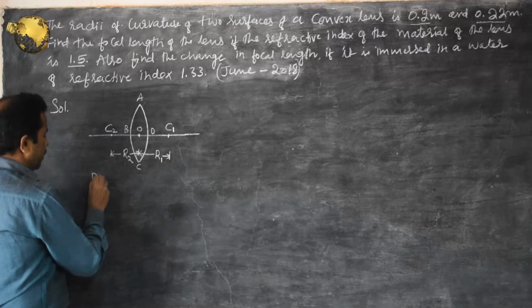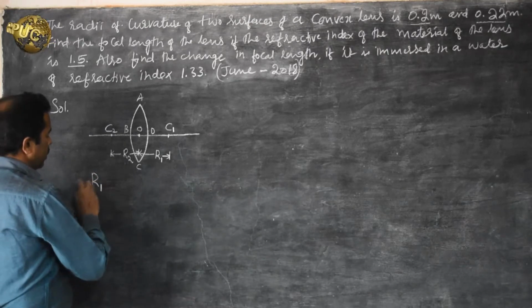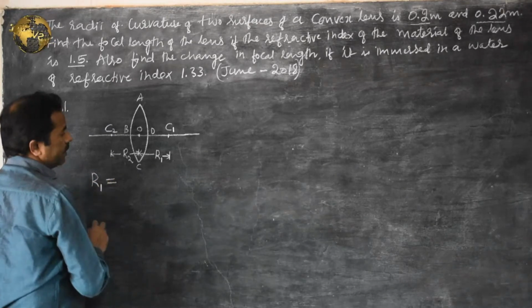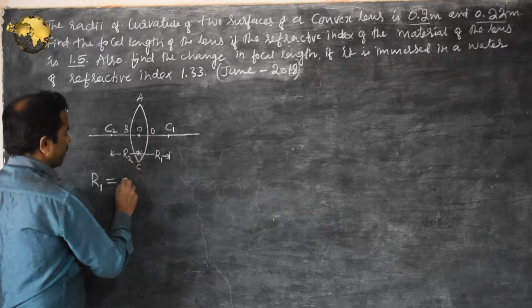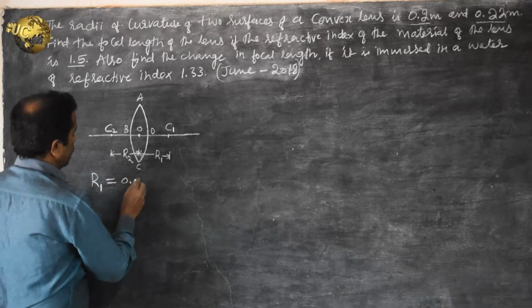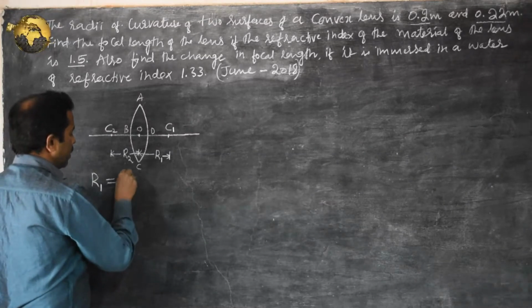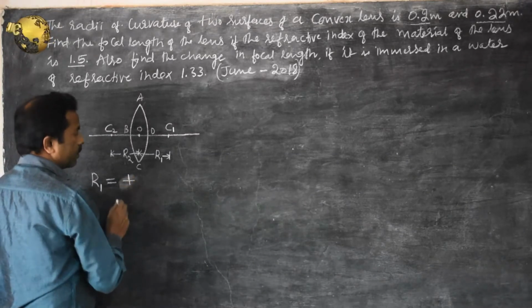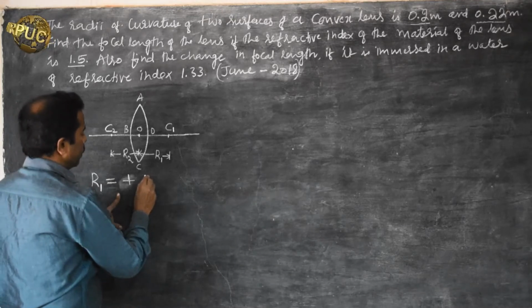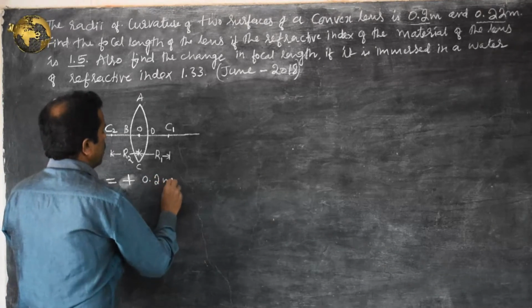So the radius of curvature R1 is given; actually it is plus, according to the Cartesian sign convention, we can take this as positive. R1 is equal to 0.2 meter.